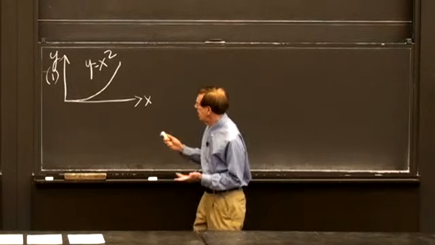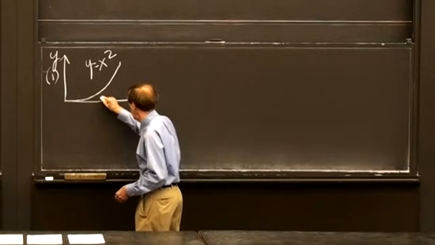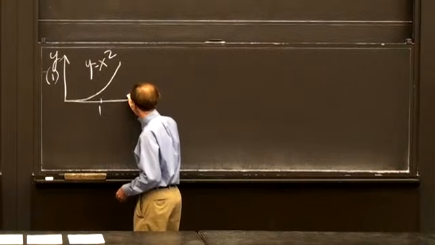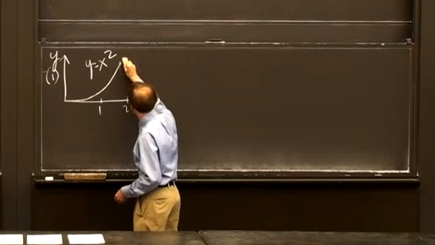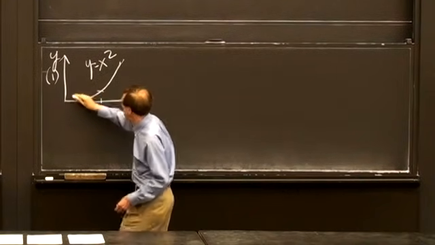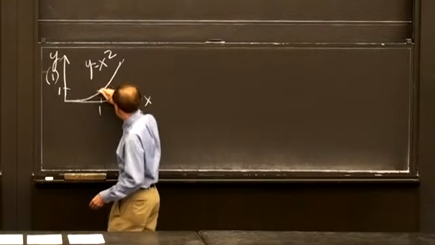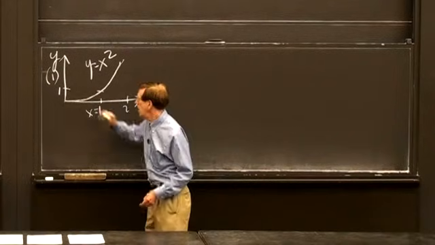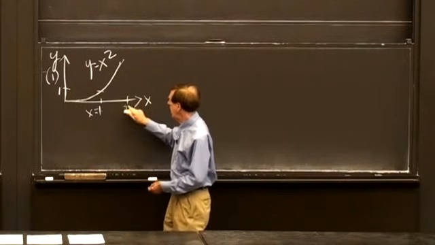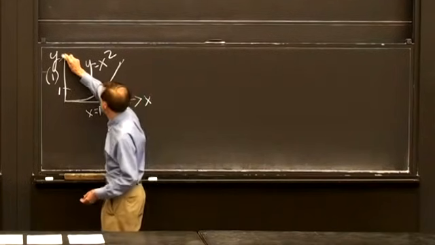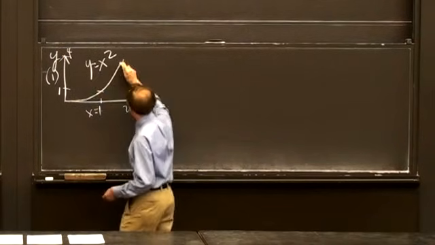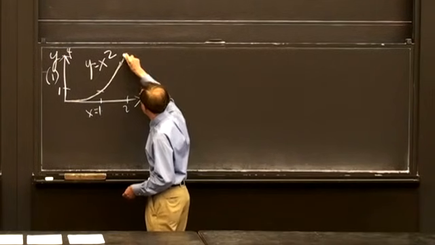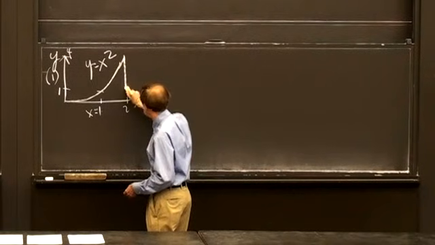Let me put in x equal 1 on this graph and x equal 2, say, and now x squared is going to be at height 1. If x is 1, then x squared is also 1. If x is 2, x squared will be 4. What's the average? Let me just come back for a second to that average business.